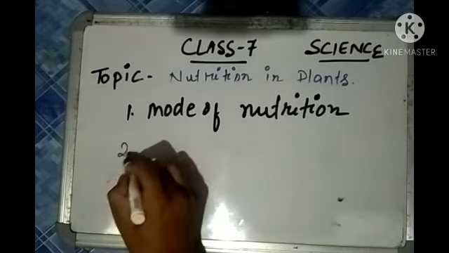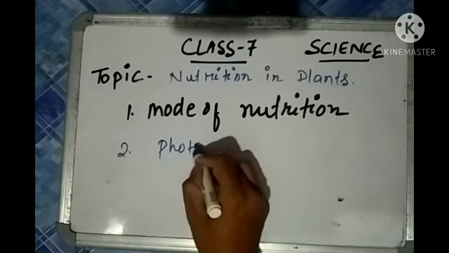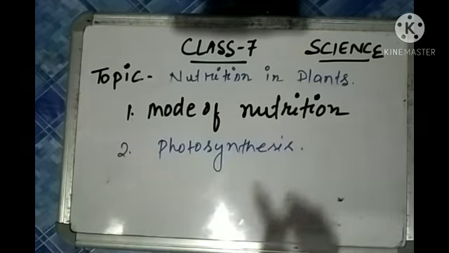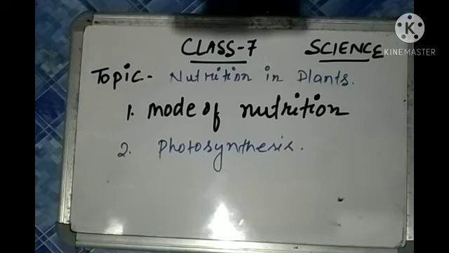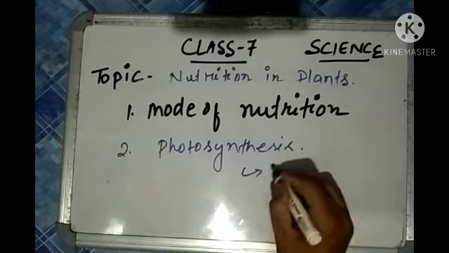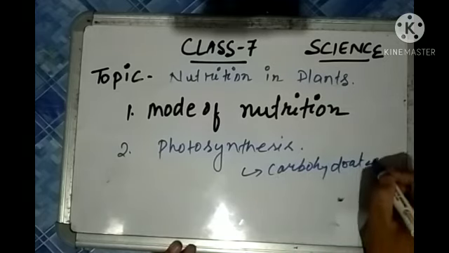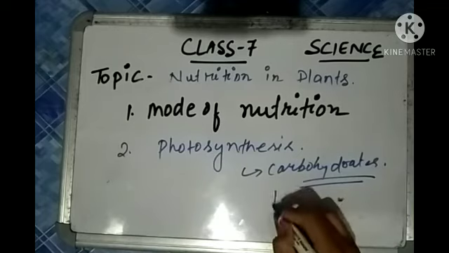Second topic that we discussed is photosynthesis. Photosynthesis means plants make food for themselves in the presence of light or sunlight, and that process is called photosynthesis. And we discussed the whole process also. In photosynthesis, we get carbohydrate as a product, but plants synthesize other things than carbohydrate also.